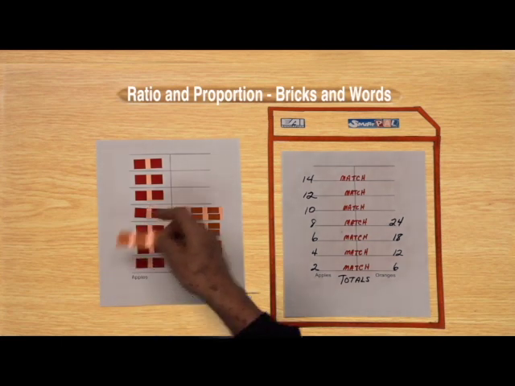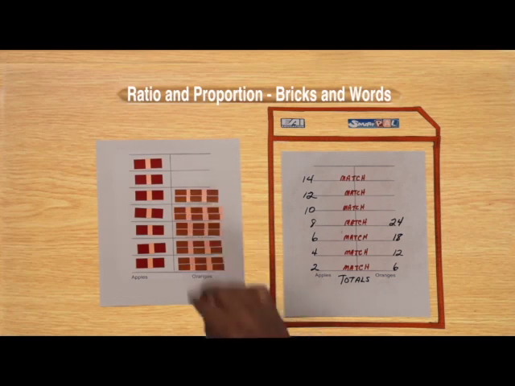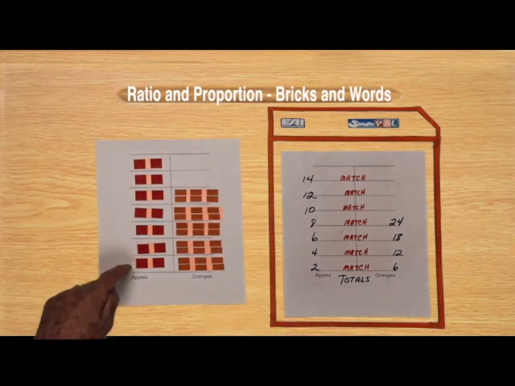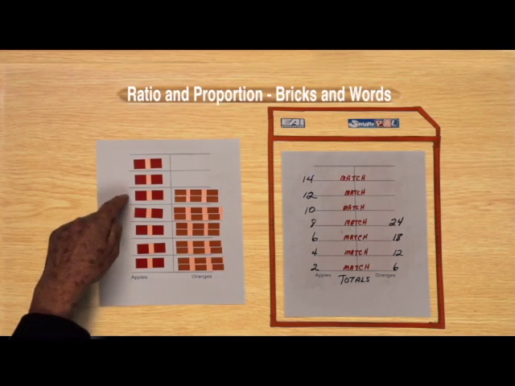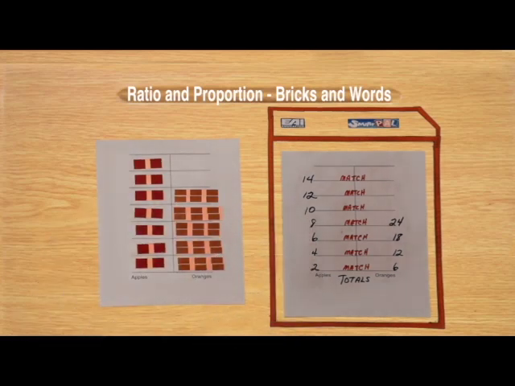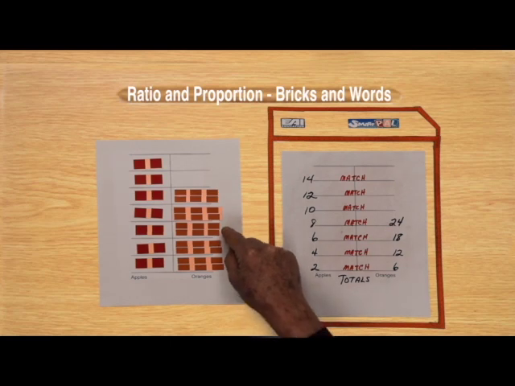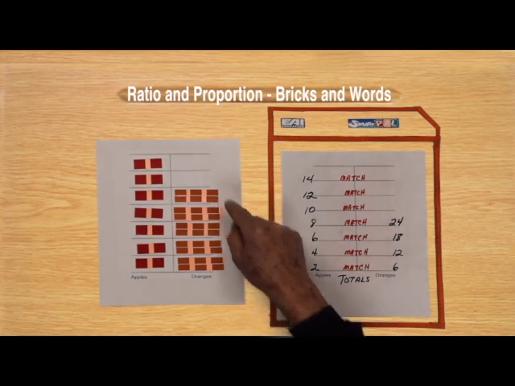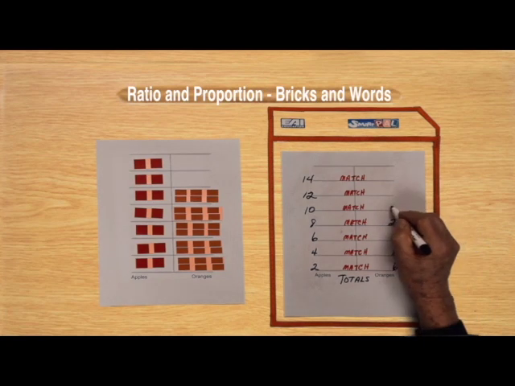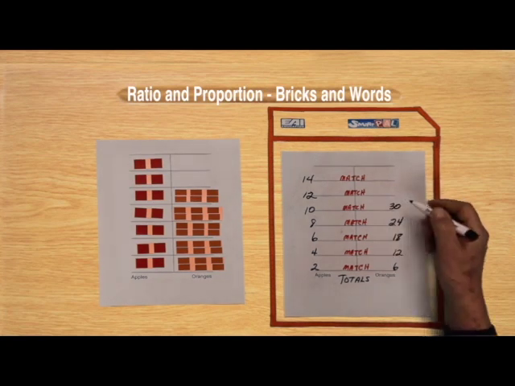I have 2 apples here. I match it up with another set of 6 oranges. So now on the left, I have 2, 4, 6, 8, 10 apples right there. And that's going to match up with 6, 12, 18, 24, 30 oranges. So 10 apples match 30 oranges.